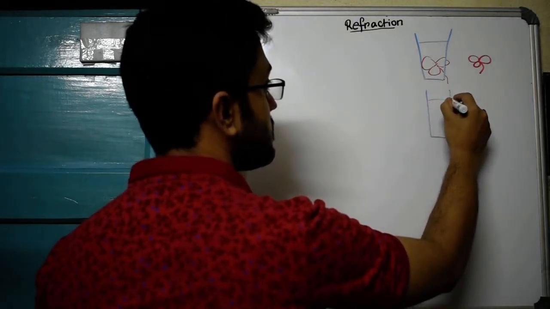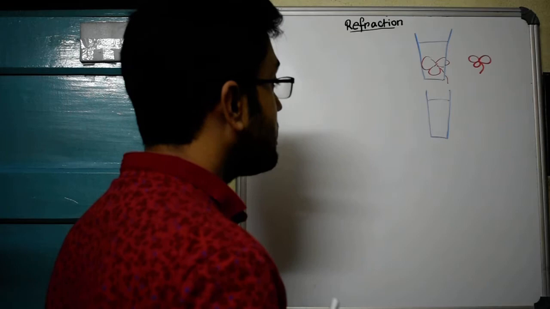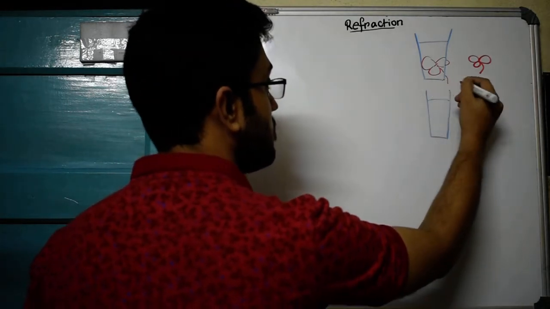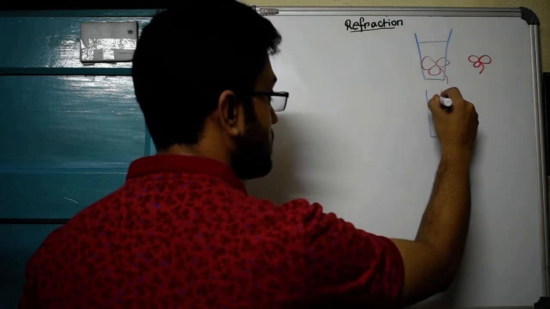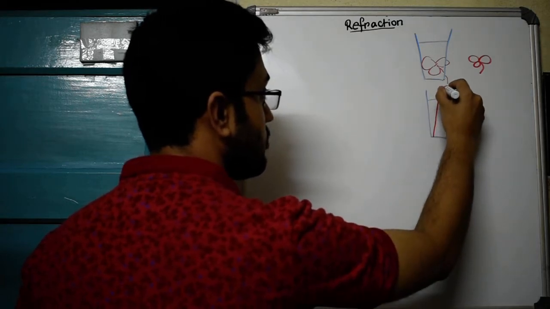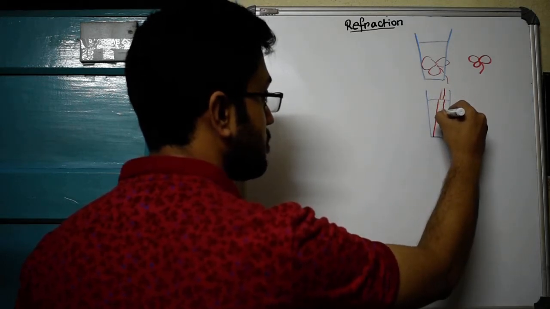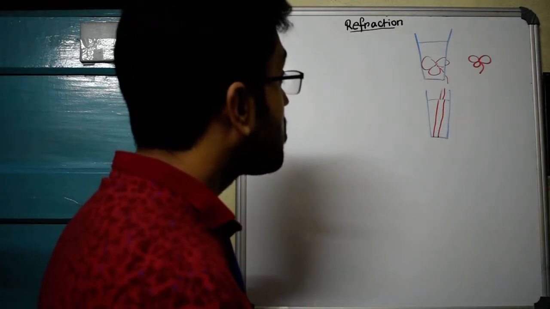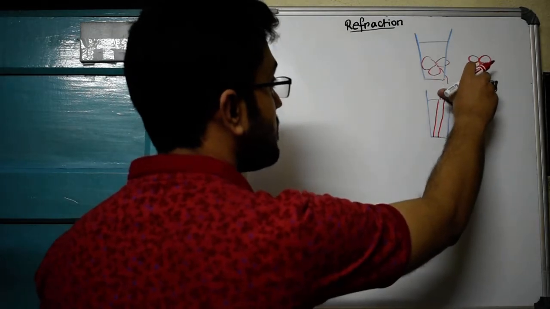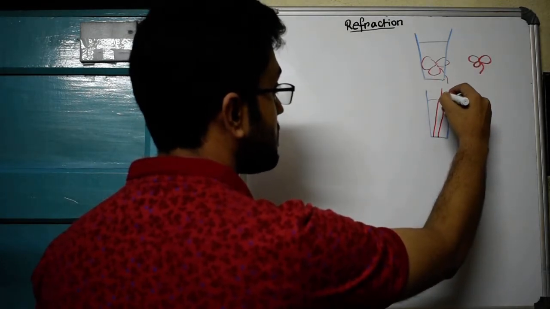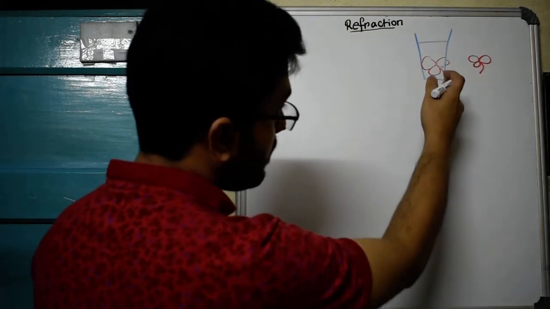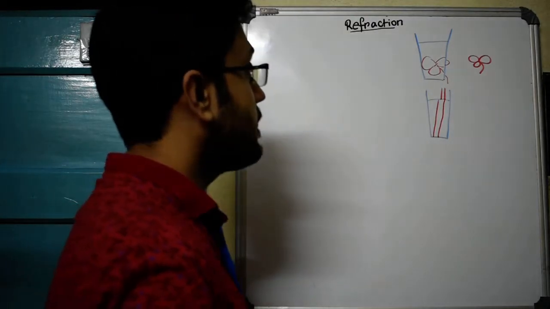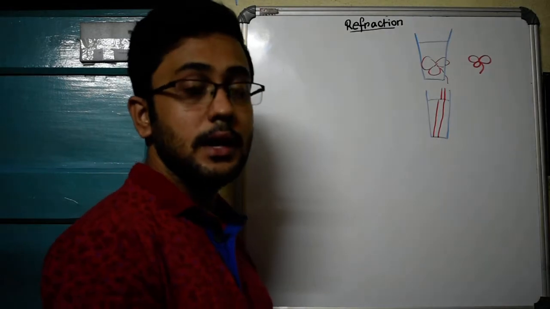Take a glass, fill it with water, and put a stick or a pen or a pencil inside the glass. The portion of the pencil inside the glass will not only appear thicker than the portion outside, but also slightly bent, compared to when it is in air.